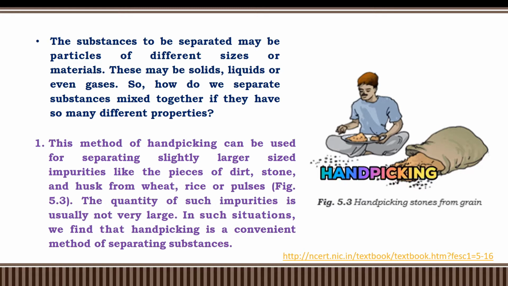In this method of handpicking, we separate slightly larger size impurities like pieces of dirt, stone, and husk from the wheat, rice, or pulses. As shown in figure 5.3, the quantity of such impurities is usually not very large. In such a situation, we find that handpicking is a convenient method of separating substances.